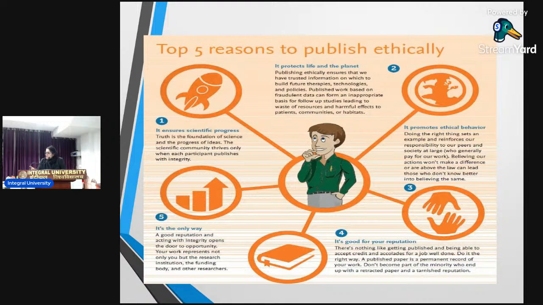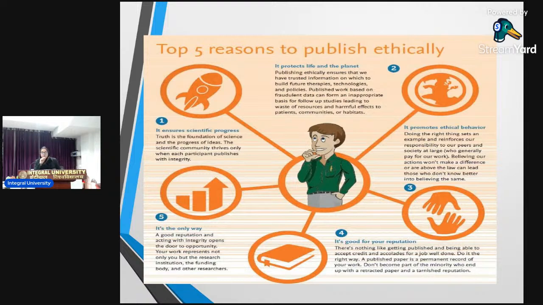So if you're not totally honest in disseminating the research findings, the reputation of our organization is also at stake. And later on, you may go somewhere else, right? So the reputation of that organization is also associated with your reputation, isn't it? So it is good for the reputation of the entire research community.